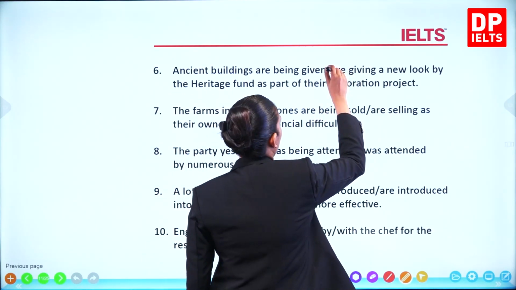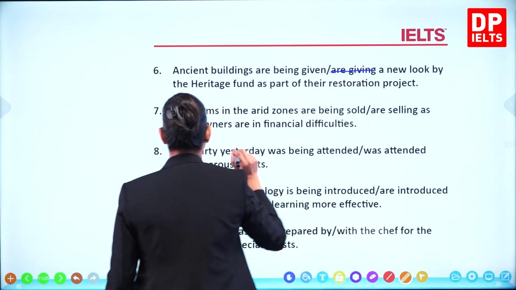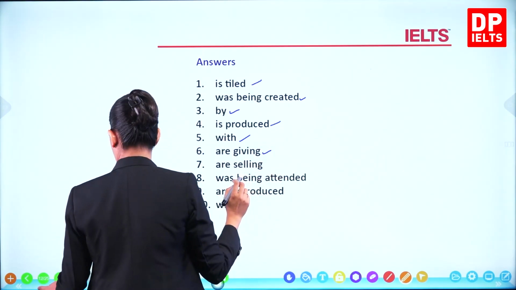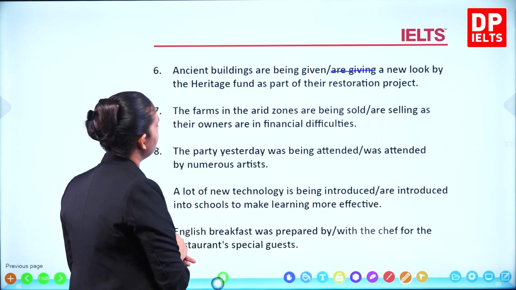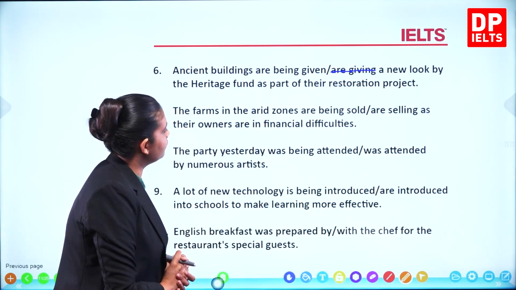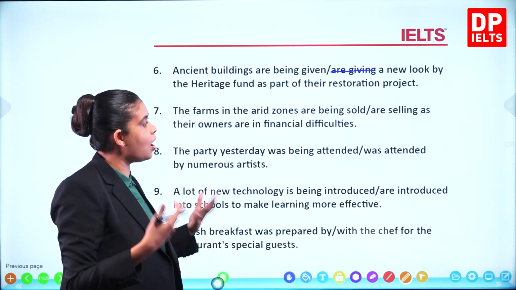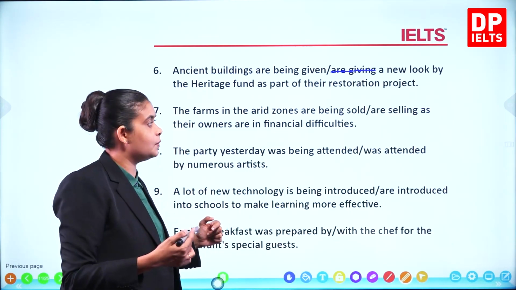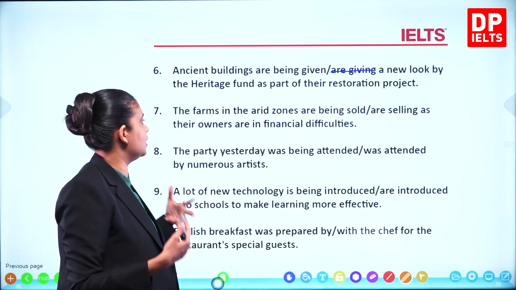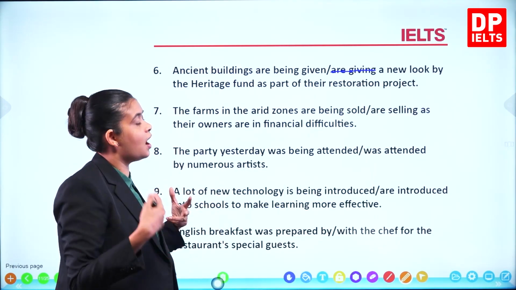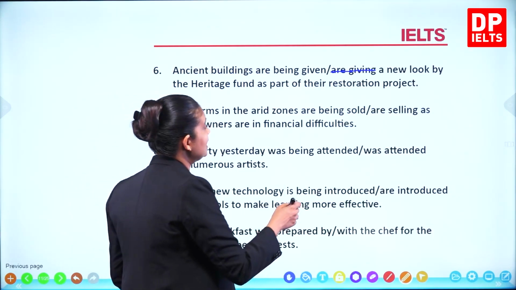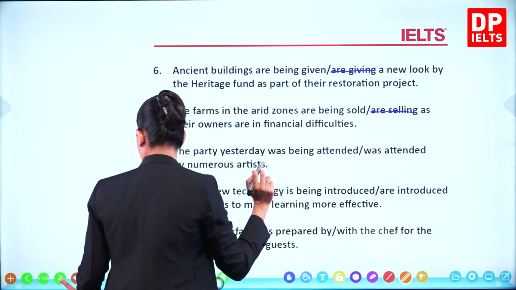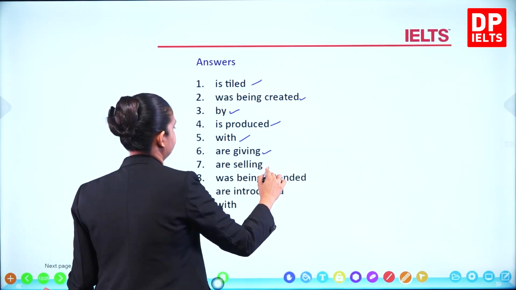No. So therefore, are giving is incorrect. Next one. The farms in the arid zones are being sold or are selling as their owners are in financial difficulties. At the time of speaking, it's not happening. We don't say the farms in the arid zones are selling. They are being sold. So this is correct, and what is incorrect is are selling.